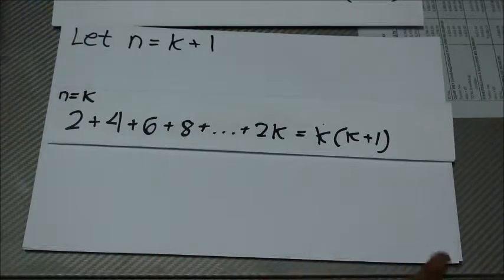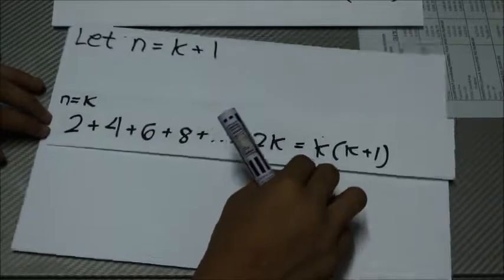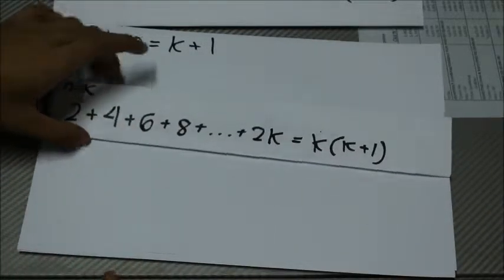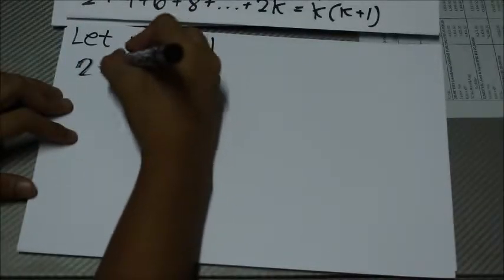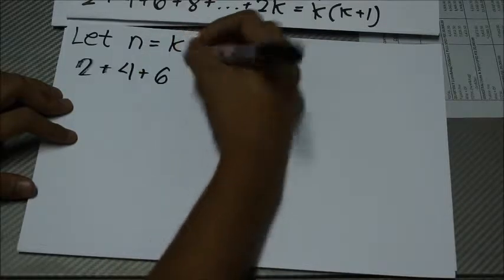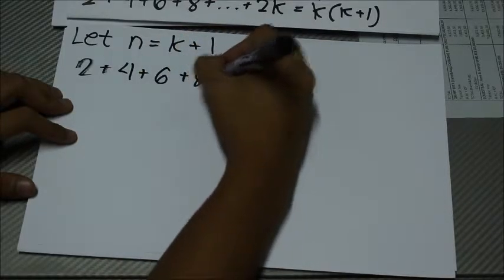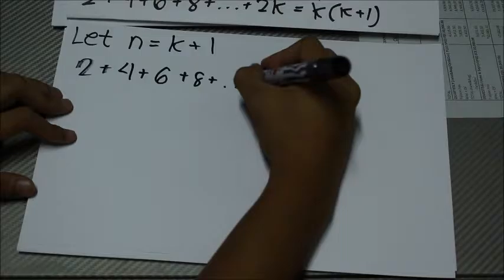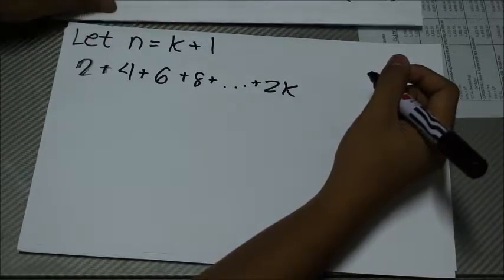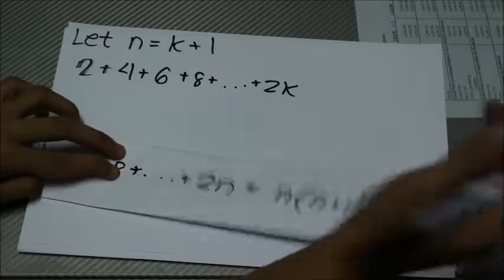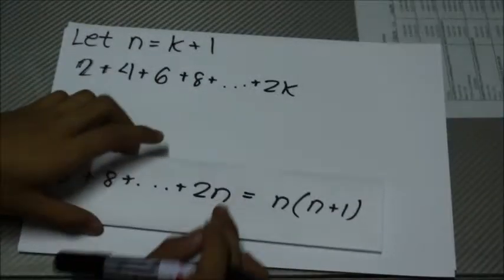So the first part is, we're going to copy the left side of the equation where n is equal to k. Here, 2 plus 4 plus 6 plus 8 up to 2k. And then, we're going to use the rule or formula in the first conjecture and replace n by k plus 1.